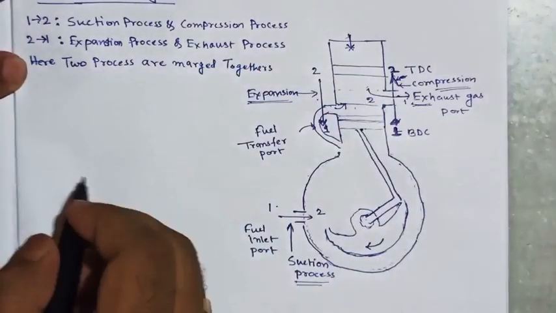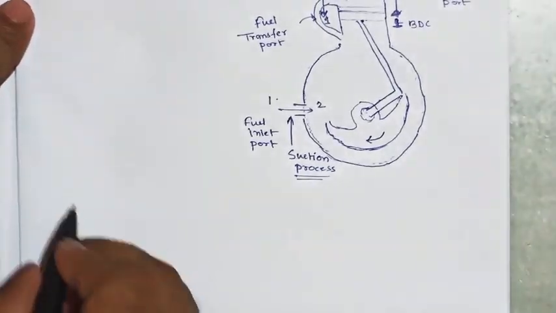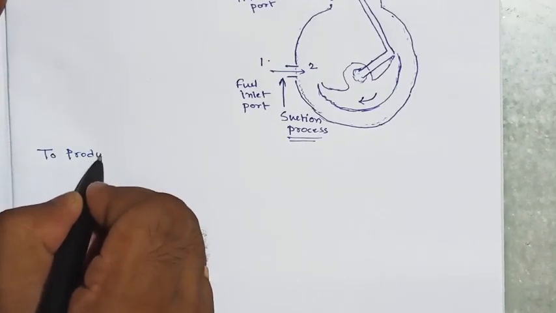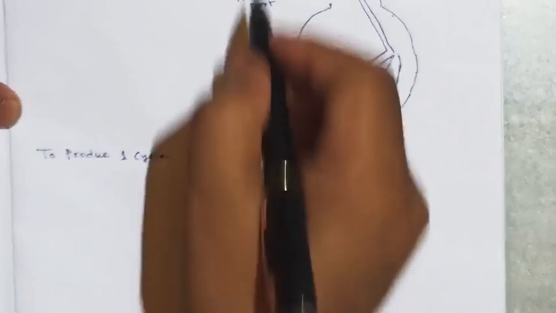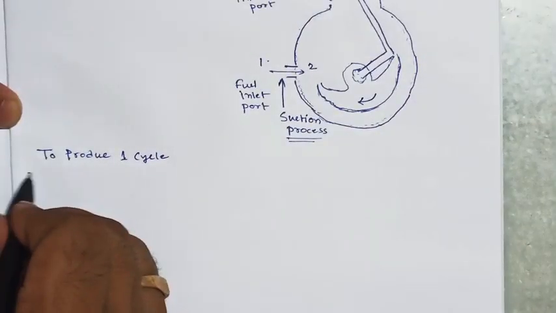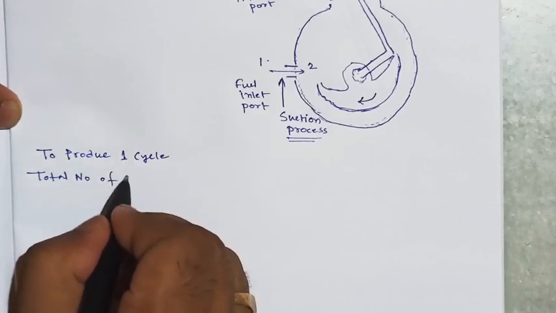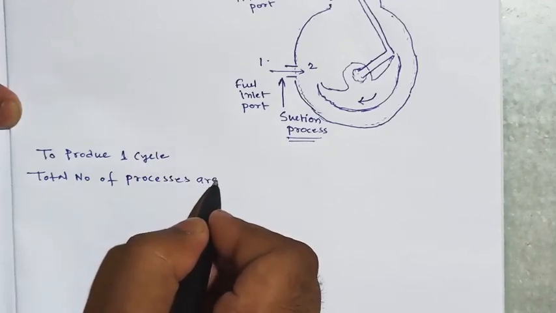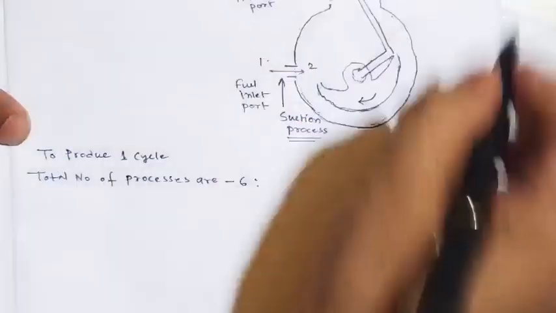Okay, so we can write: to produce one cycle, to produce this cyclic process, the total number of processes is 6.